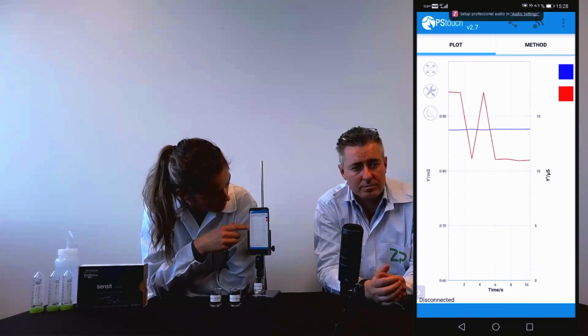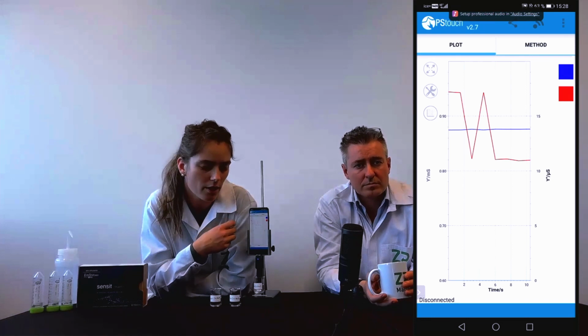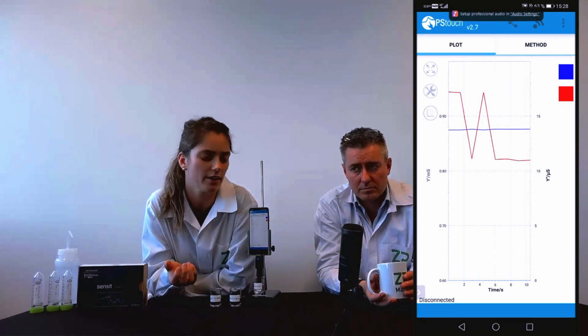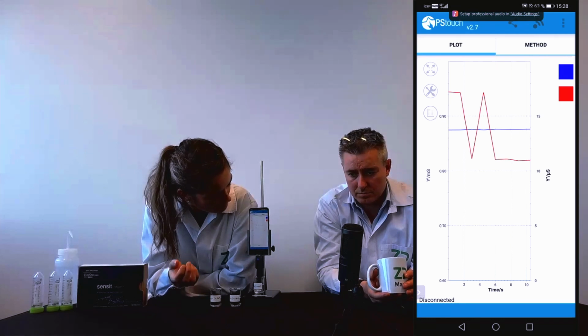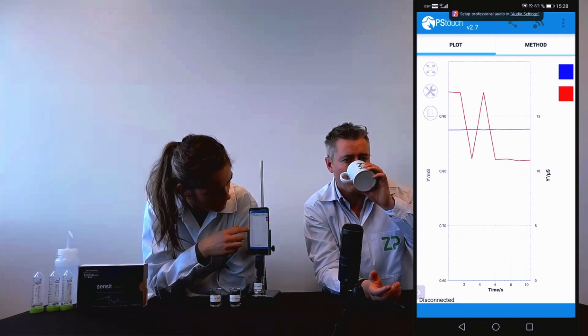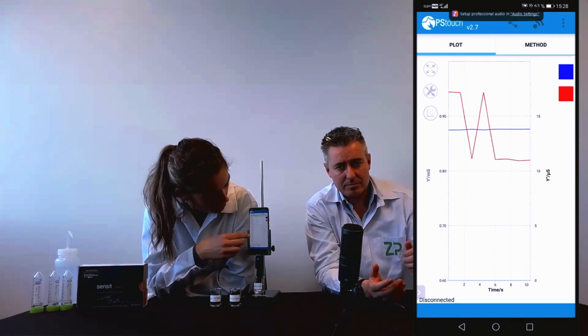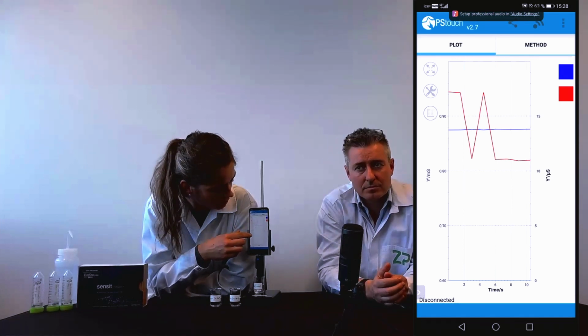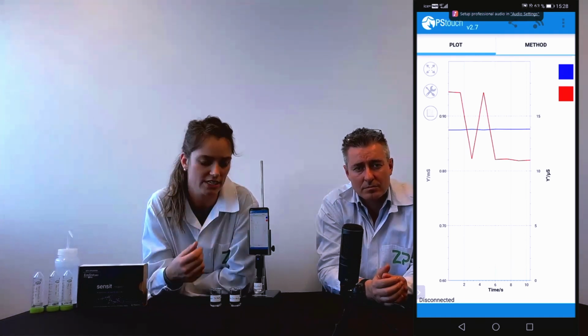That's the conductance, and that's approximately 0.88 right now, which is 880 microsiemens. So the conductivity is then 440 microsiemens per centimeter.